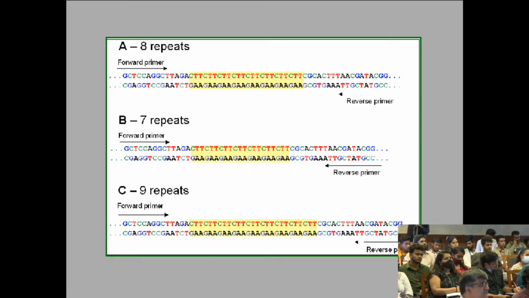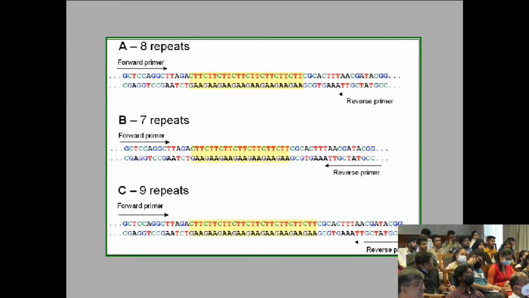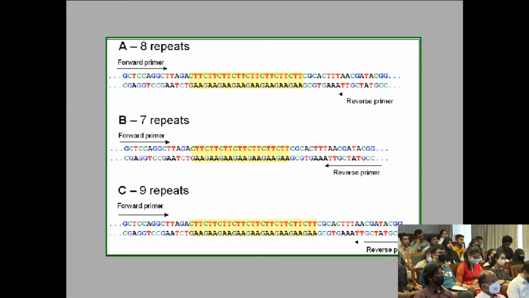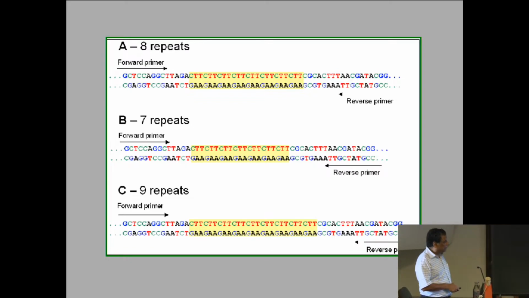8 times, right? Now in certain other individuals, because these repeats are susceptible to slippage and the number can change during replication, the flanking sequence would be the same, but instead of having 8 repeats, you could have 7 repeats, or instead of either 8 or 7, you could have 9 repeats, right?